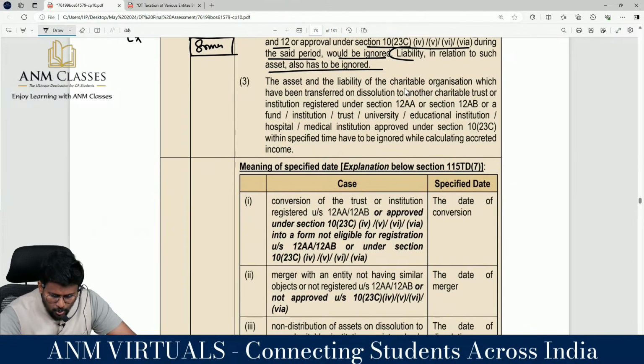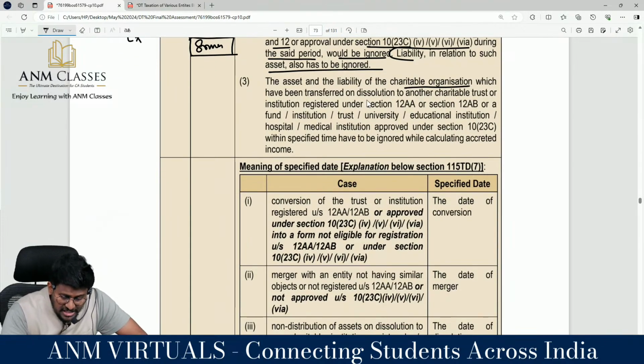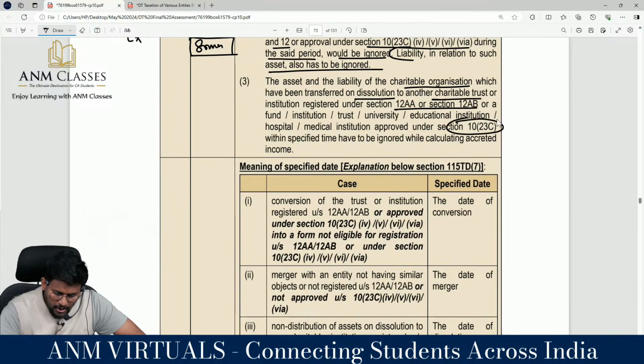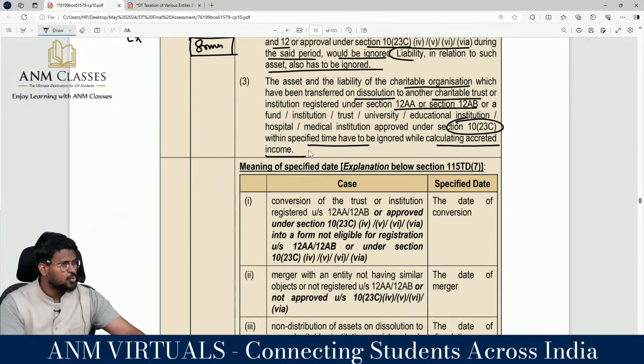Assets and liabilities of the organization which have been transferred on dissolution to another charitable trust or institution registered under 12A or 12AB, or a fund, institution, trust, university, educational institution or hospital, medical institution approved under 10(23C), within the specified time, have to be ignored while calculating the accreted income. That means 12 months.